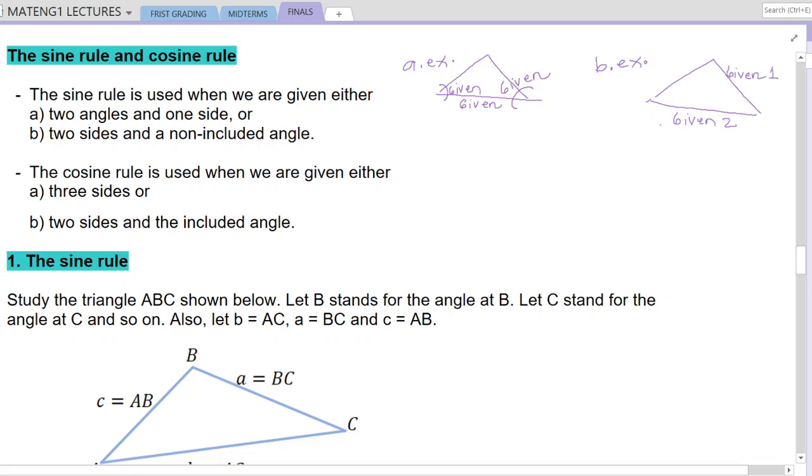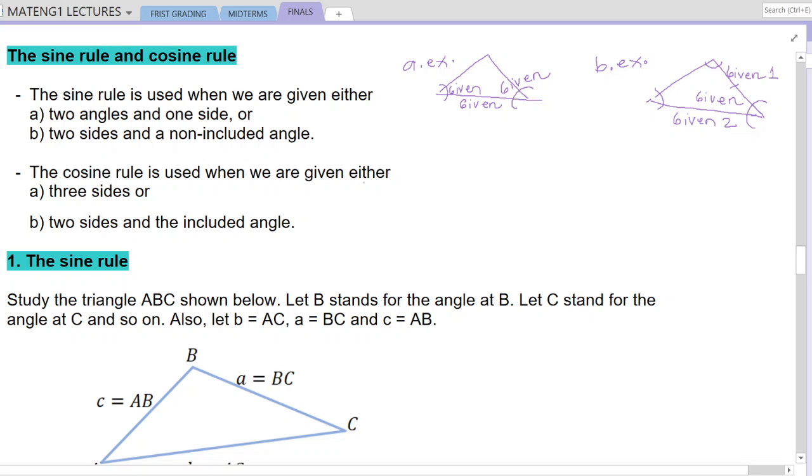A non-included angle means it is not opposite either given side. The opposite angle of the first side is this, and the opposite angle of the second side is this. These are called the included angles. So the non-included angle will be the given one, and we use the sine rule.